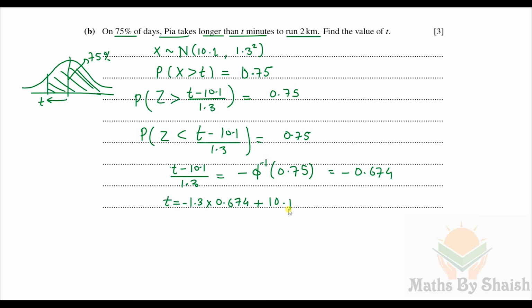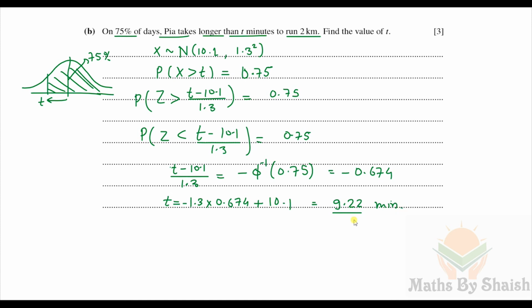So the total is going to be 9.223. So 9.22, this is the total minutes. So t is 9.22 minutes. That is the value of t for part B.